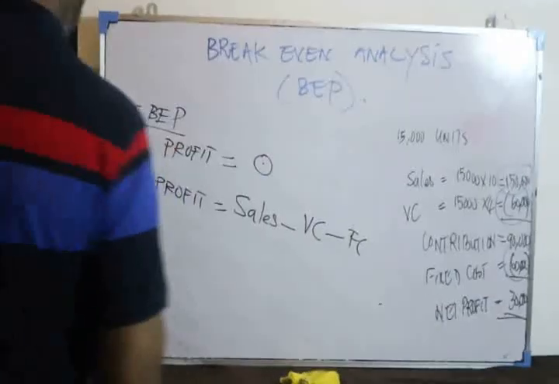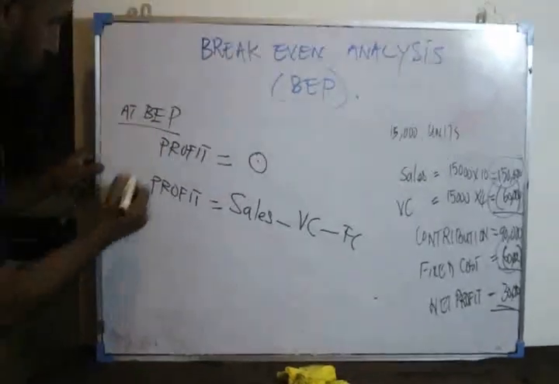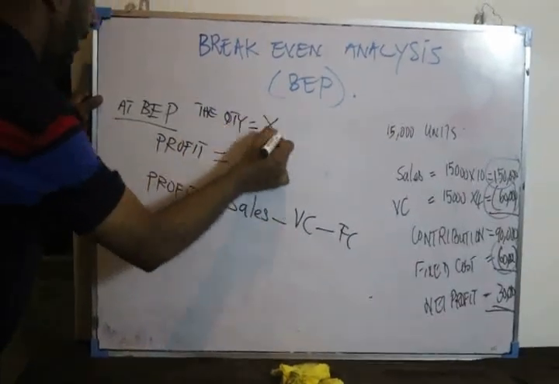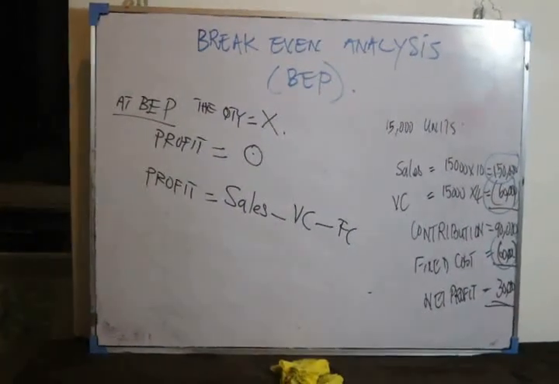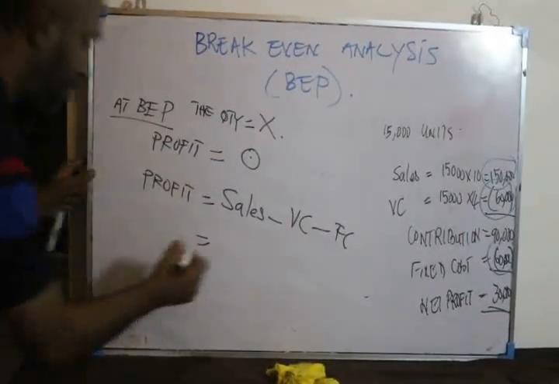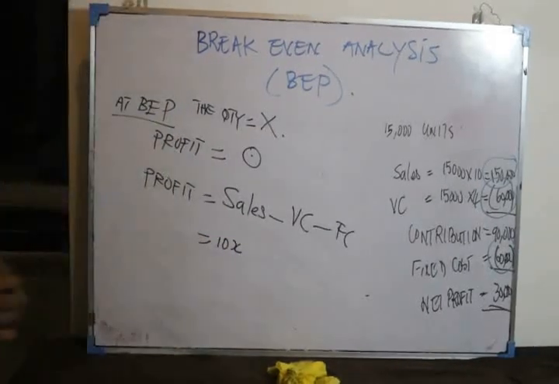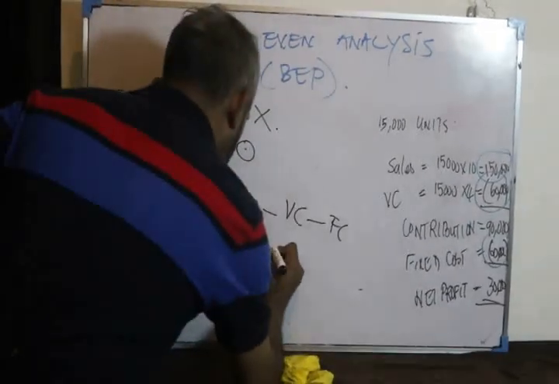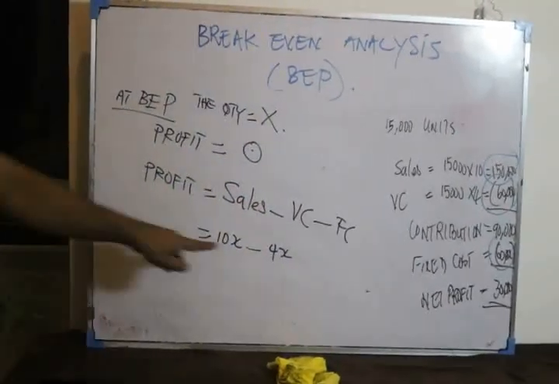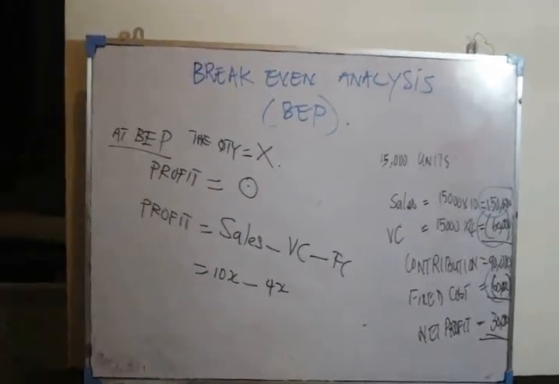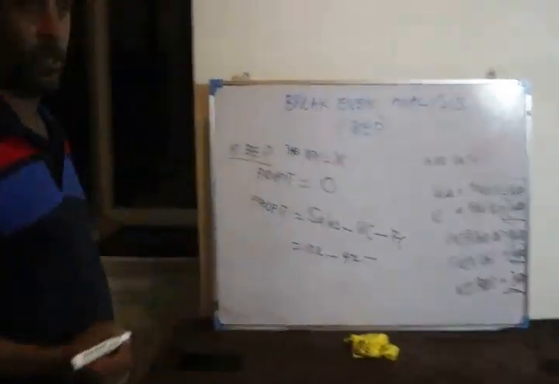Now we assume the output, the quantity we produce, is X. If I assume the selling price, we know selling price is $10, so 10x minus variable cost per unit, we know $4, so in total $4 into the number of units X, so that will be 4x, minus we also are given the fixed cost, which amounts to 60,000.